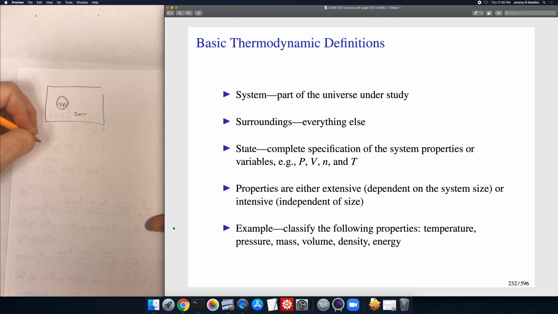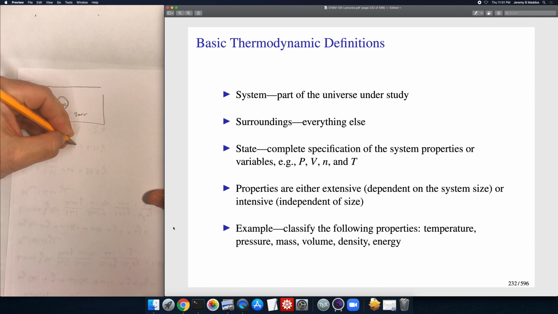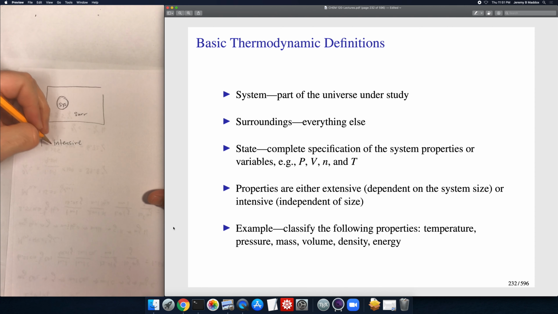With respect to temperature, imagine that you've got a glass of water at room temperature, and then you make a second glass of water. Everything's identical about that second glass of water. Now imagine pouring the two glasses of water together and ask yourself, does the temperature of the water change? Hopefully you've said no, and that's correct because temperature is an example of an intensive quantity. It is independent of the size of the system.